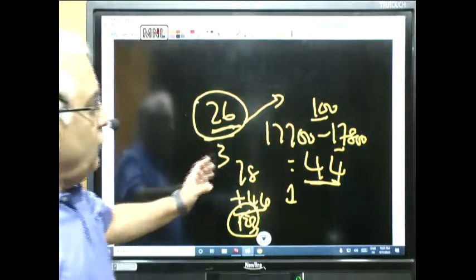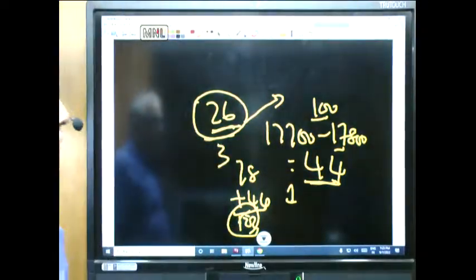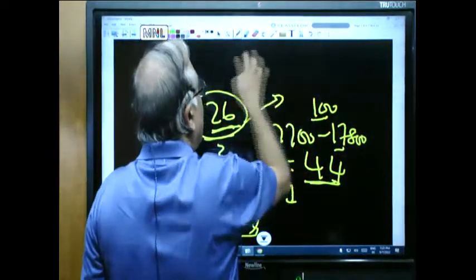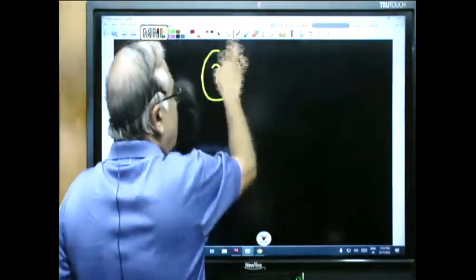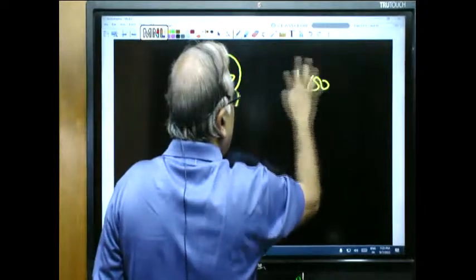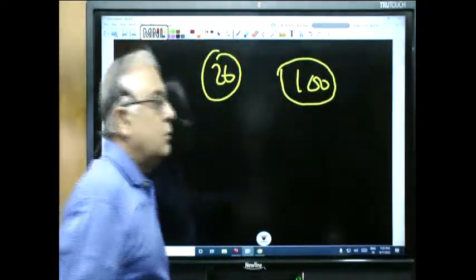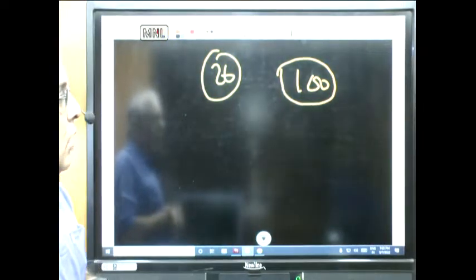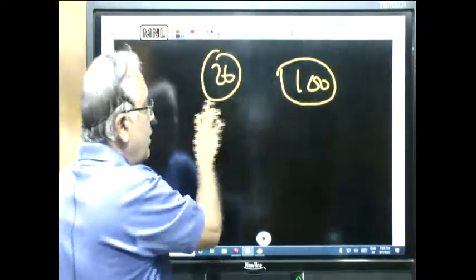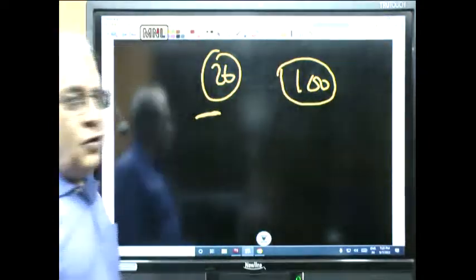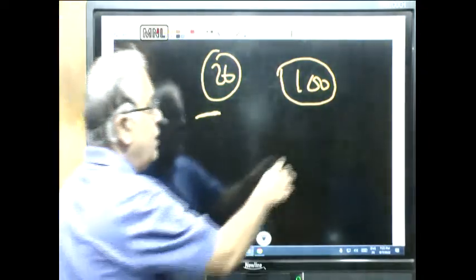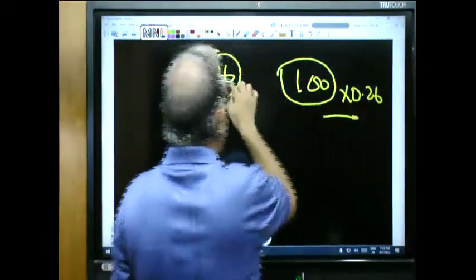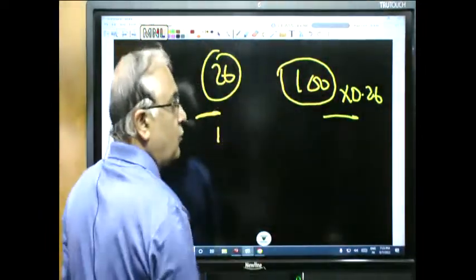To understand this, you have paid 26 rupees. Now you are going to get 100 rupees here. Now you want to take only 26, so that means in this 100 you have to do 0.26.